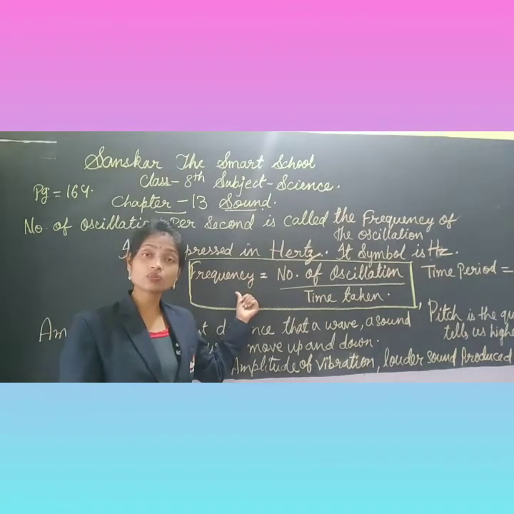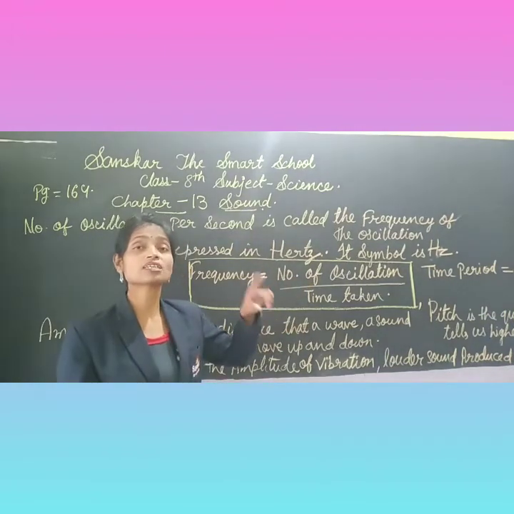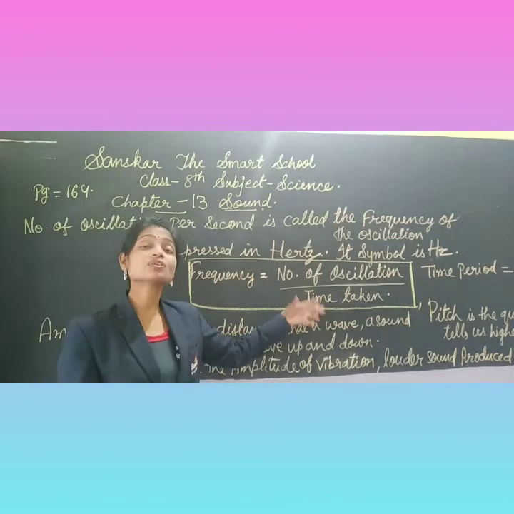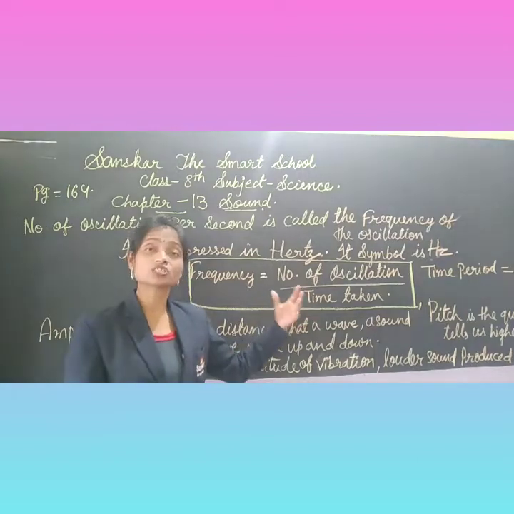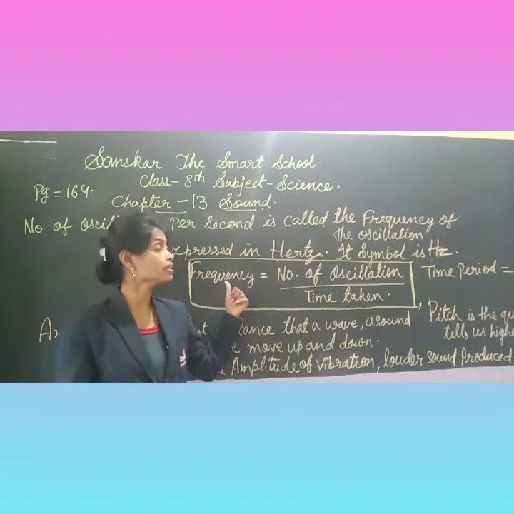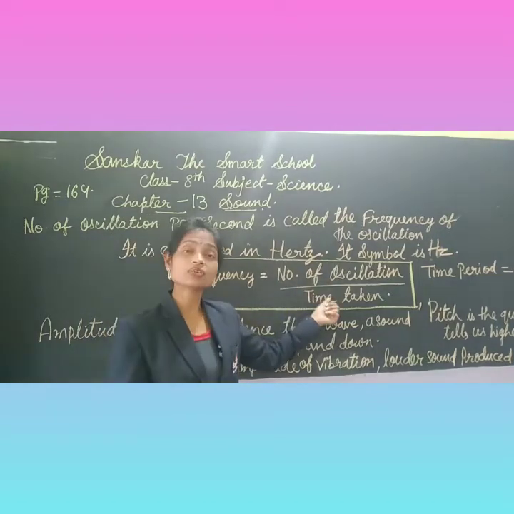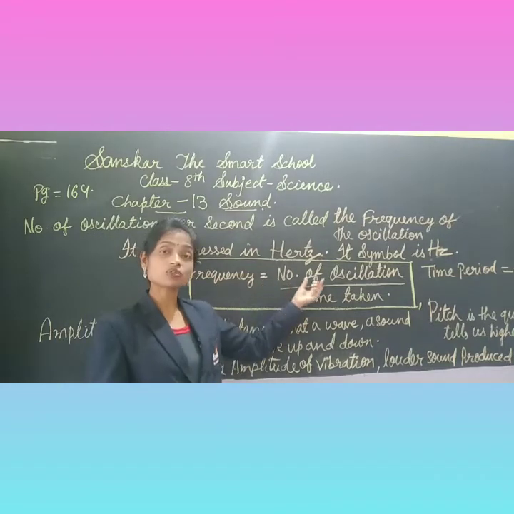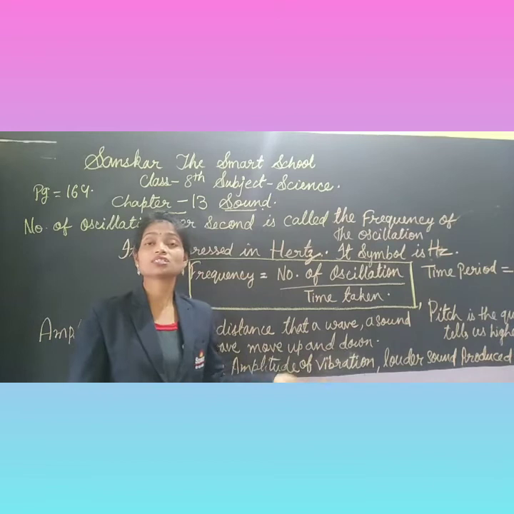Understood? What is frequency? The number of oscillations completed by an object in 1 second, whatever the time taken. In a mathematical way you can write number of oscillations upon time taken, and you can solve it. You write the number of oscillations given, divided by the time which is given.